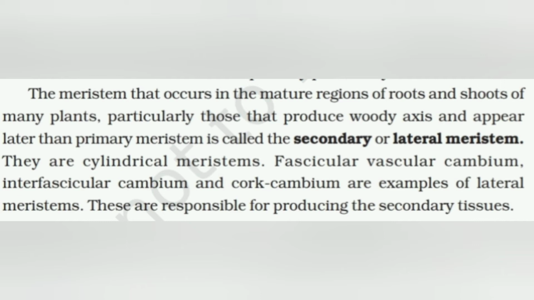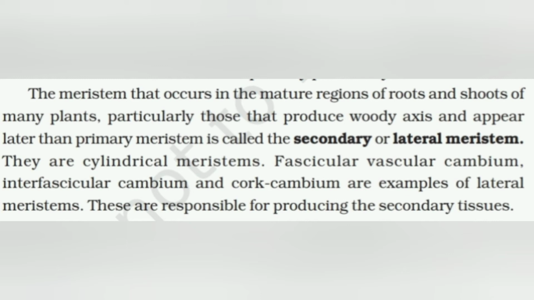So there are three types of secondary or lateral meristem: fascicular vascular cambium, interfascicular cambium and cork cambium. These are examples of lateral meristem. These are responsible for producing the secondary tissues. So in the meristematic tissue, we have two types of meristematic tissues. First, primary, second, secondary or lateral.